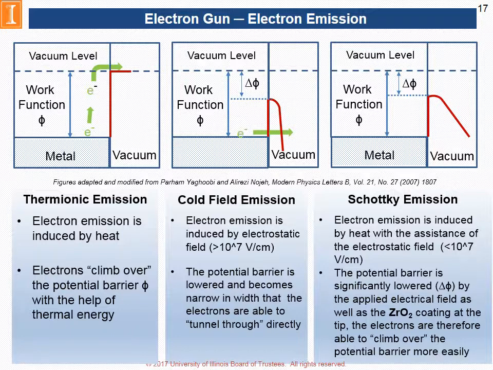Also, there is a zirconium oxide coated on the tip, which further reduces the potential barrier. Then, of course, there is heating as well. So with the help from all these three resources, the electrons are able to climb the potential barrier very easily.